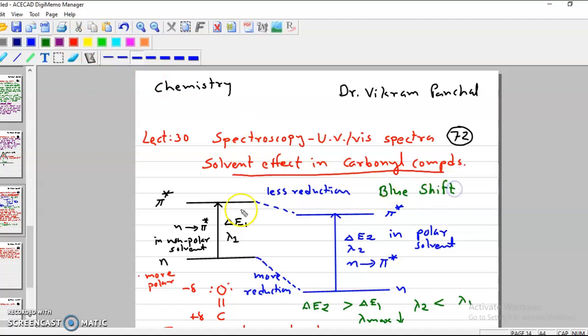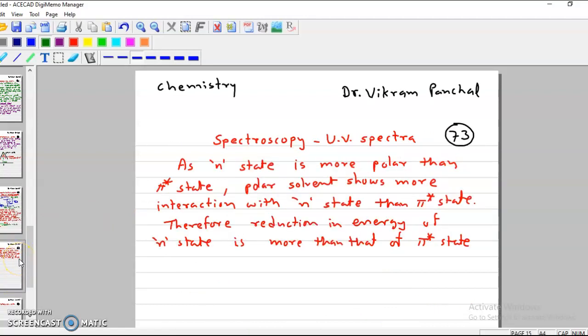This is the effect of polar solvent on the n to pi star transition, and that is because of the hydrogen bonding with polar solvents.